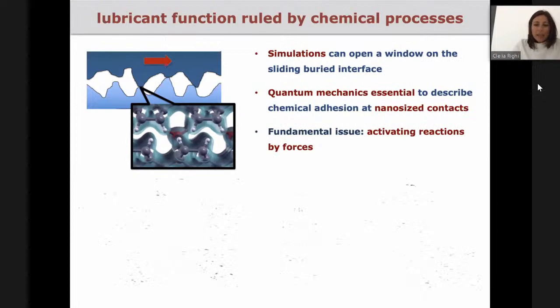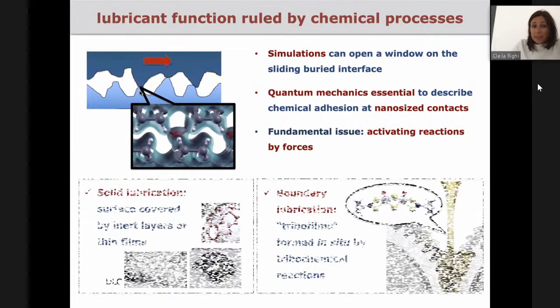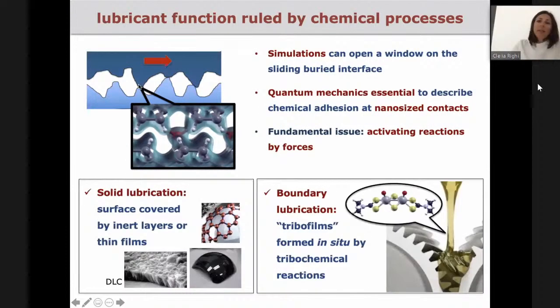And the adhesion at this nano-size contact affects the macro-scale friction coefficient. And the functionality of most lubricant material is precisely to reduce this adhesion, either by covering the surfaces with inert layers or coatings, or by tribofilms that are formed in situ through stress-assisted reactions involving lubricant additive.